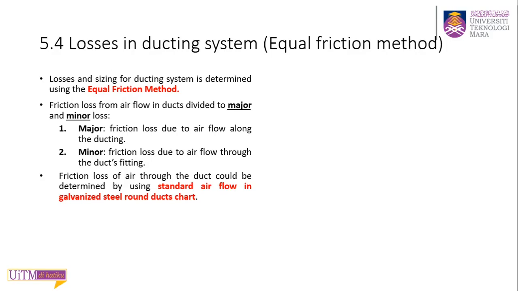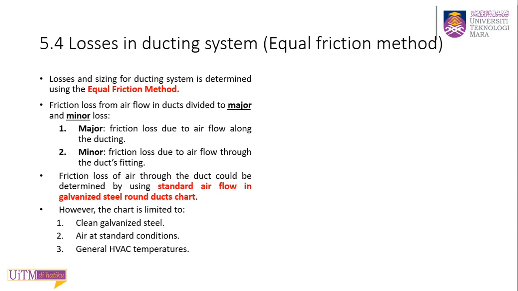For the standard airflow galvanized steel round duct chart, it is limited to: number one, the ducting material has to be clean galvanized steel. Number two, the air is at standard conditions. Number three, the system is using general HVAC temperatures.